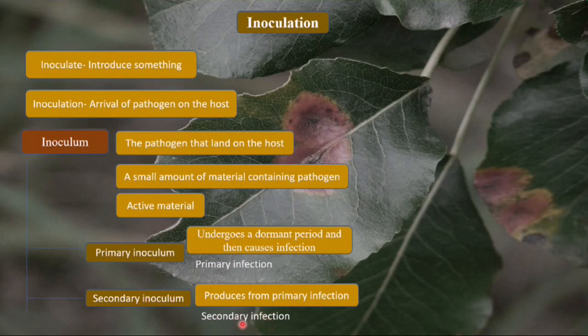We will explain this term later in the lecture more clearly, but for right now you can just keep in mind that primary inoculum is the one that goes through a dormant period and leads to primary infection, and secondary inoculum is the one that is produced from primary infection and this leads to secondary infection, right?